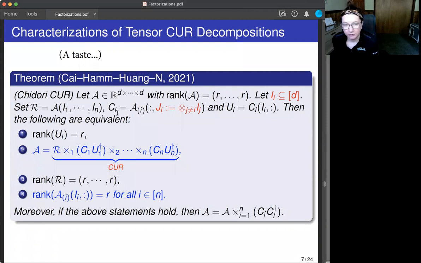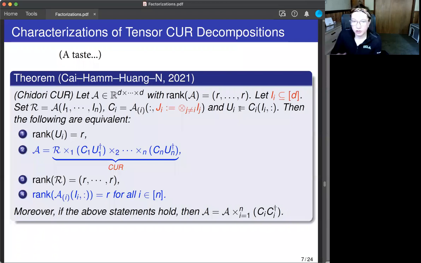And then do the same thing for the columns, where in this case the columns are selected in a very specific way. They're a function of the rows, and I'll show what this looks like in the diagram as well, and form that C matrix for each mode I. And then U_I will be these C matrices restricted to the particular rows.